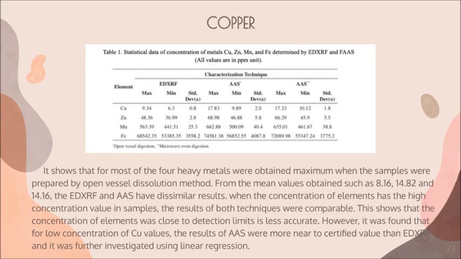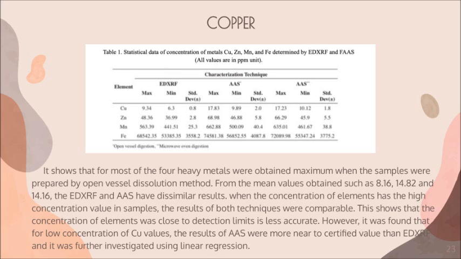It shows from this table that most of the 4 heavy metals were obtained at maximum when the samples were prepared by the open vessel dissolution method. From the mean values obtained, such as 8.16, 14.82, and 14.16, the EDXRF and AAS have dissimilar results. When the concentrations of elements have high values in the samples, the results of both techniques were comparable.